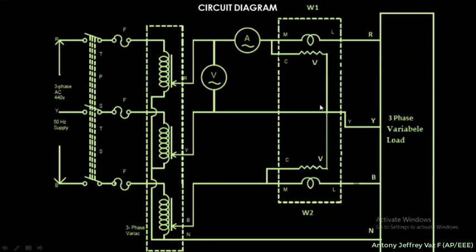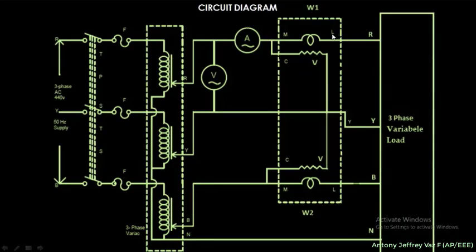You can see some markings such as M, L, C and V. I will explain what these markings are. Here C represents the common point, where the common point of the wattmeter and the M point of the wattmeter are short circuited. M and C will be short circuited and connected to the ammeter terminal.